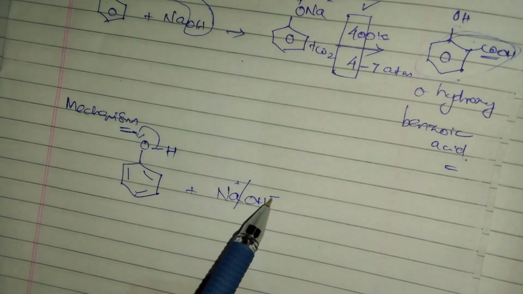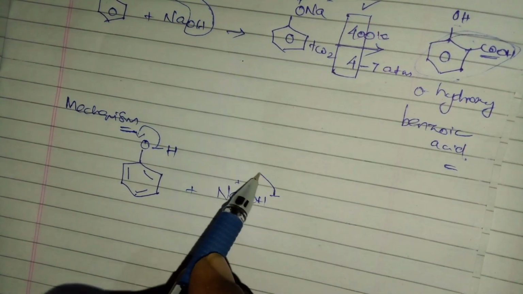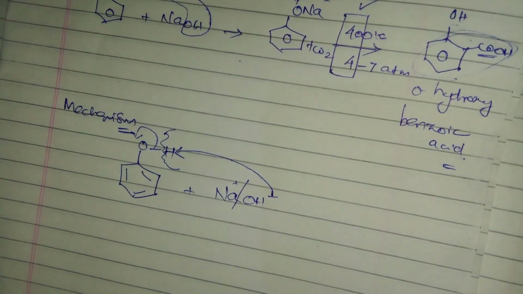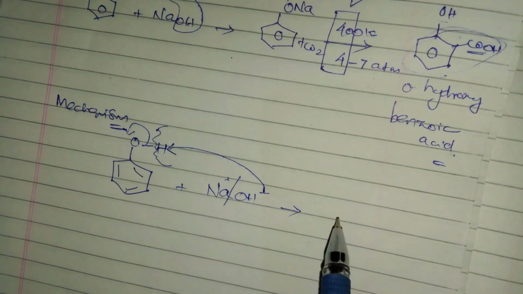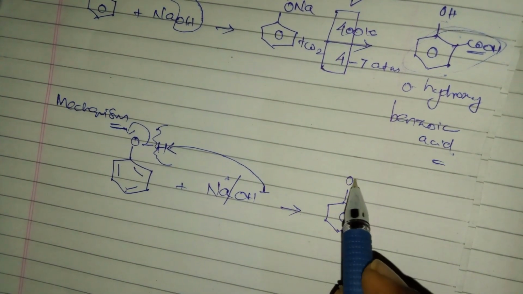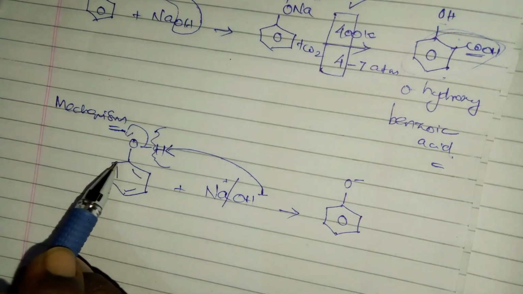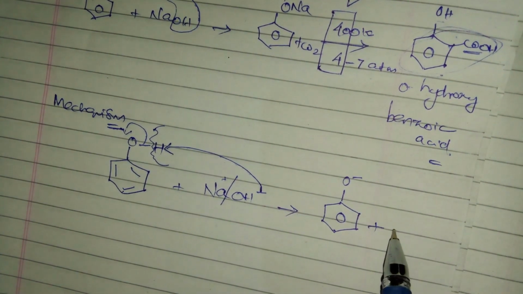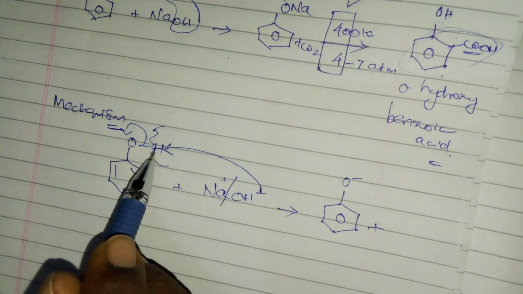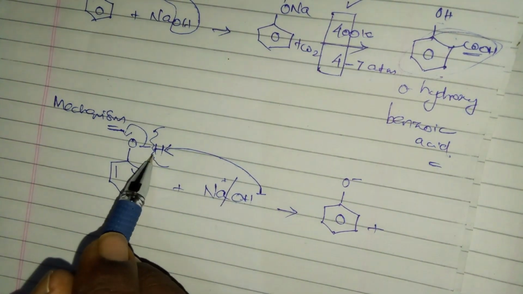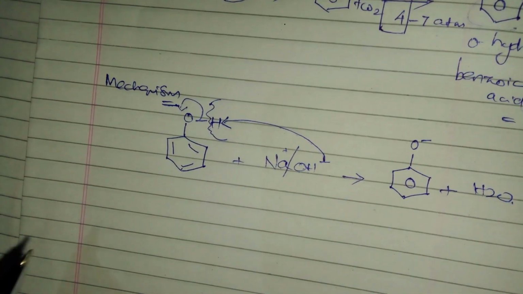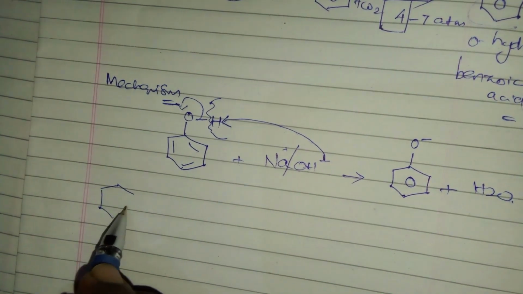This OH minus ion gives its pair of electrons to the hydrogen and abstracts the hydrogen. So the oxygen becomes O minus, because the hydrogen has been taken by OH minus, plus H2O.